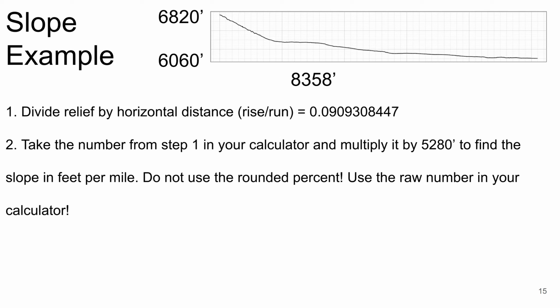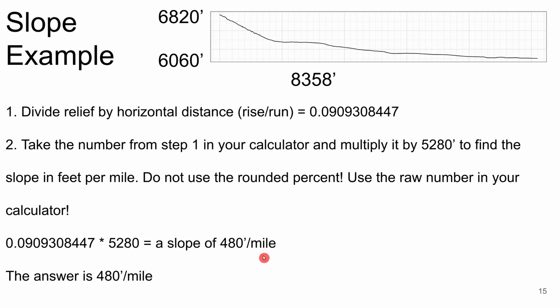If we take that and multiply it by 5,280, that'll tell us the slope per mile. So 0.0909308447 times 5,280 gets us a slope of 480 feet per mile. So the answer is 480 feet per mile if the slope is expressed in feet per mile.